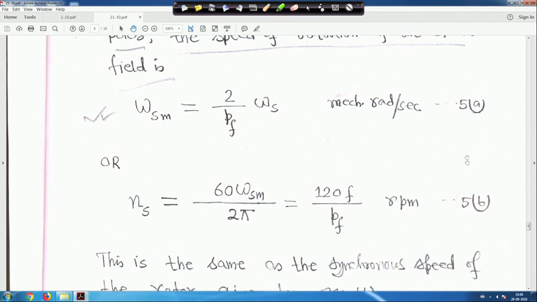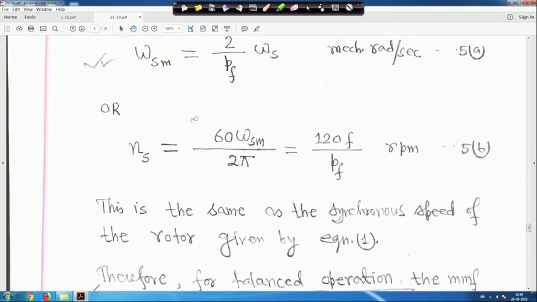This is equation 5a, and this I have marked as equation 5b. This is the same as the synchronous speed of the rotor given by equation 3, it should be equation 3, not 1.